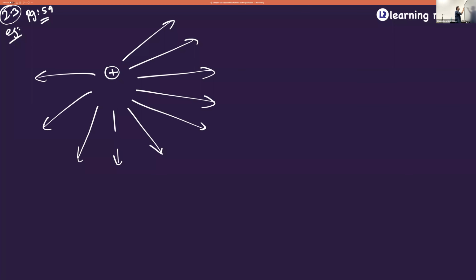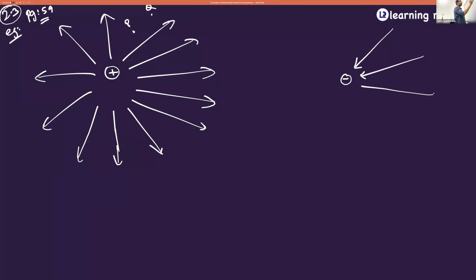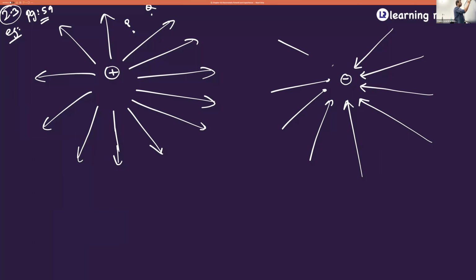Now there are 2 points, P and Q. Similarly, due to the negative charge, the field lines are towards it, and there are 2 points, A and B.